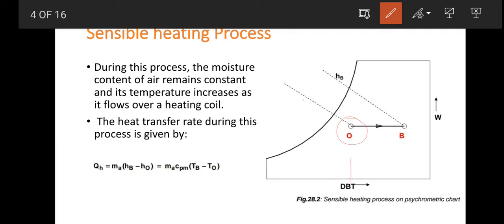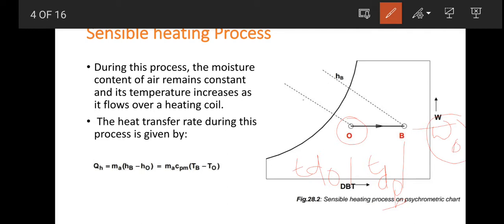If you plot the TDO temperature of this air and the corresponding specific humidity, which is W1 or WO, and keeping this specific humidity constant, we increase the temperature of moist air, the process takes place from O to B, and at point B suppose the temperature is TDB. So in the O to B process, when we increase the temperature of moist air keeping the specific humidity constant, we consider it the sensible heating process.